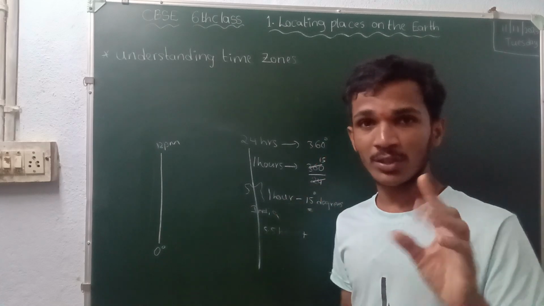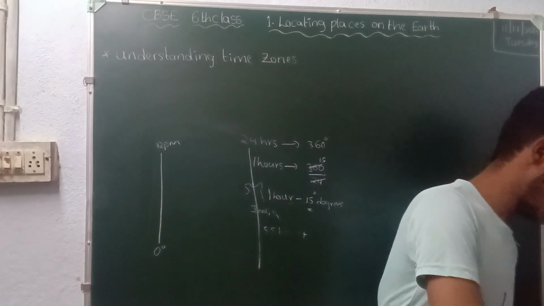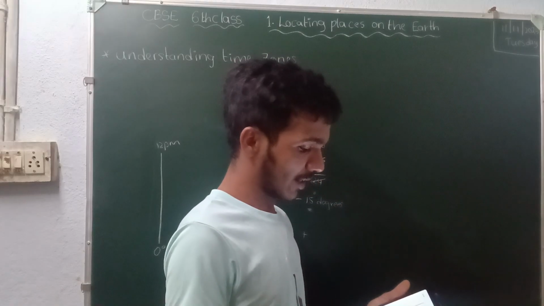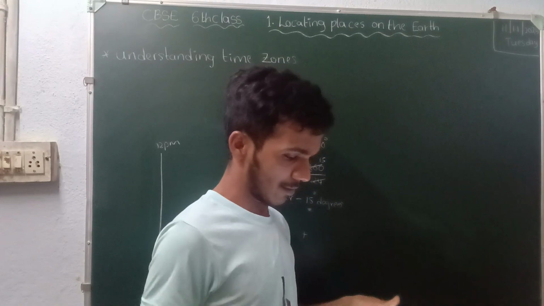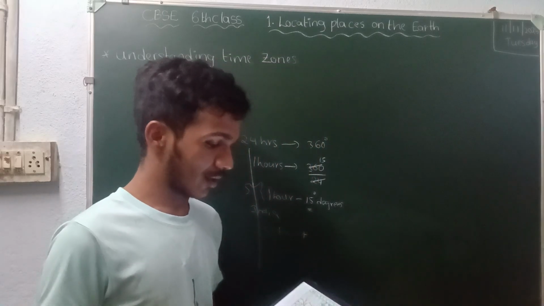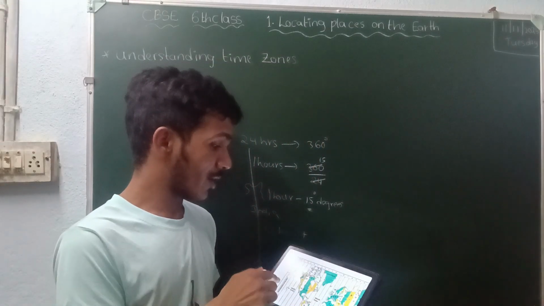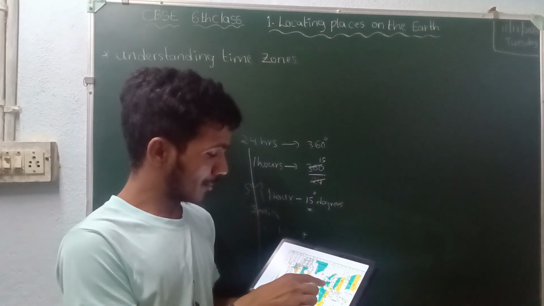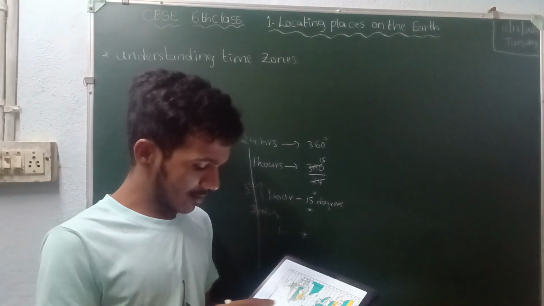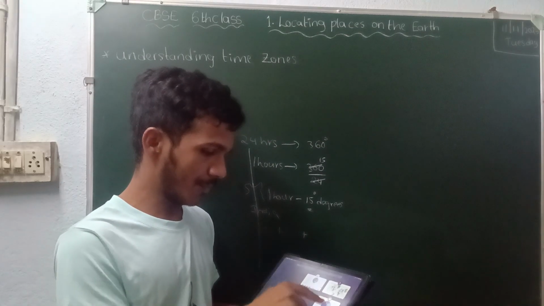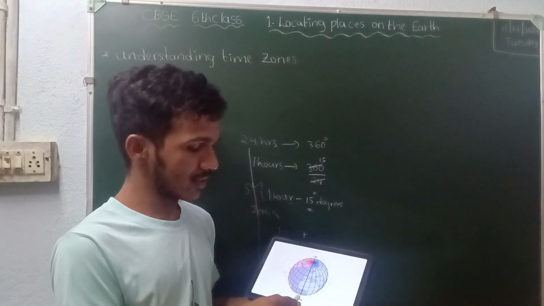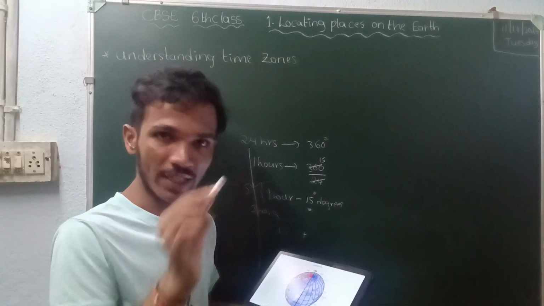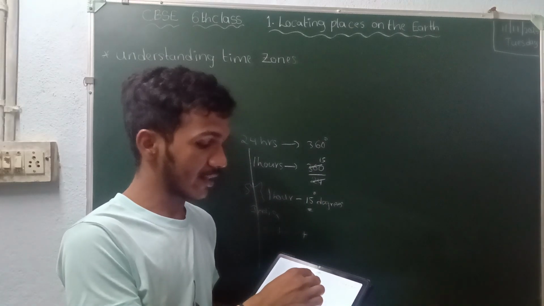And there is a last topic, that is the date. Here, the date is determined by the international date line. Our Earth has 0 degrees here, and the same line backward is 180 degrees.